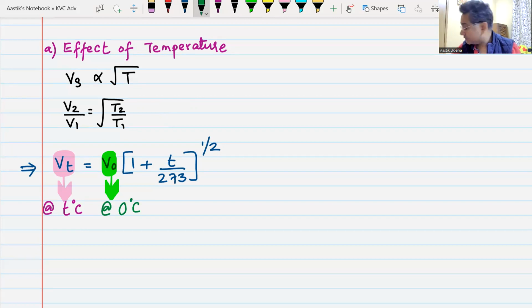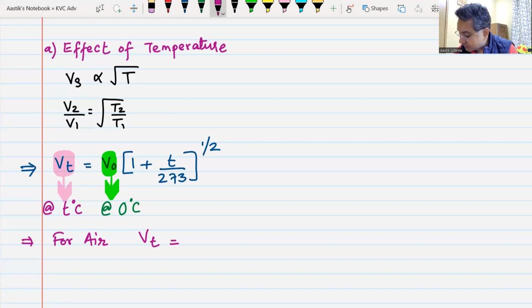For air, the formula can be further simplified. If I only talk about air, the formula looks like this.